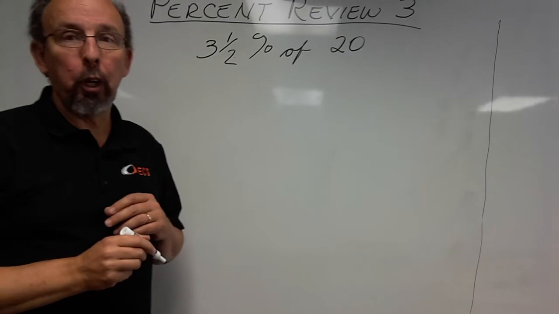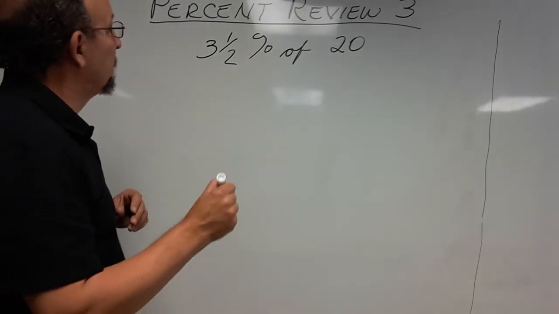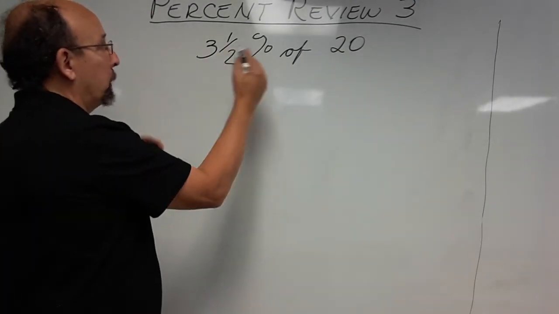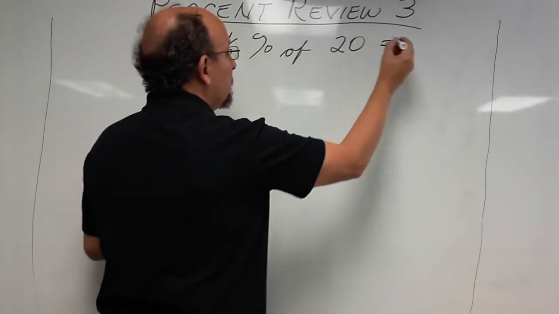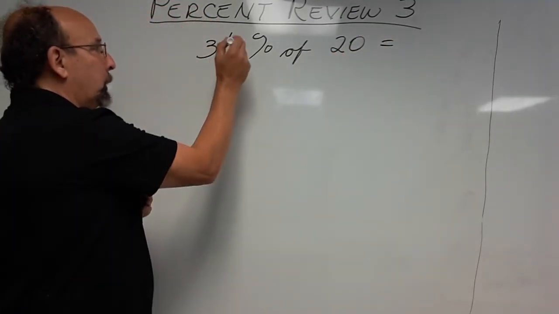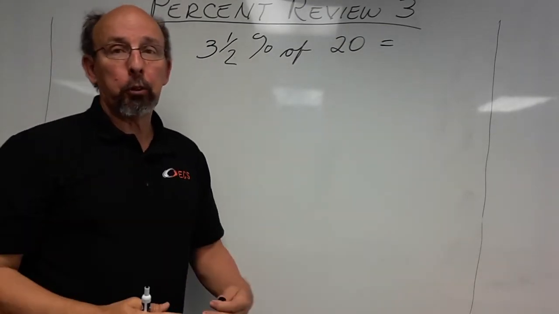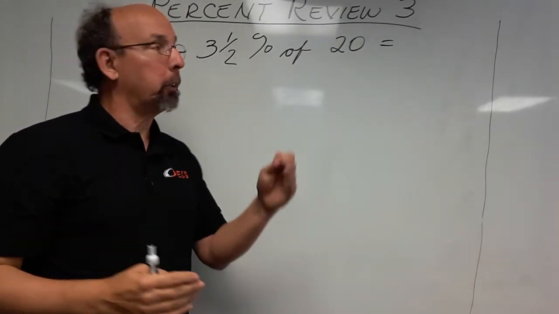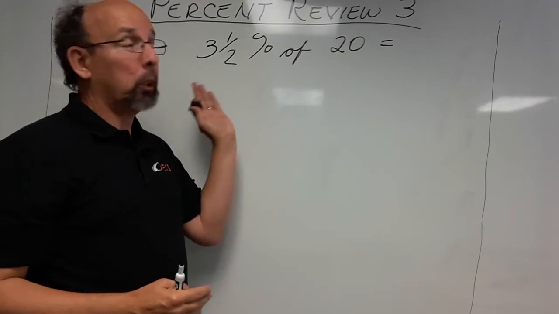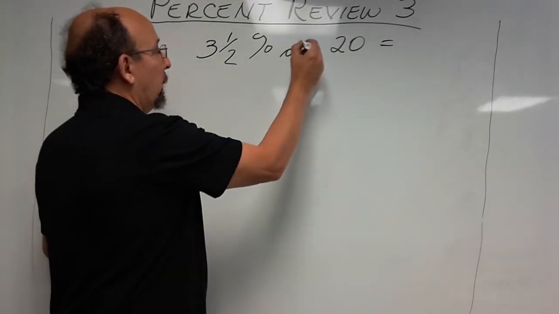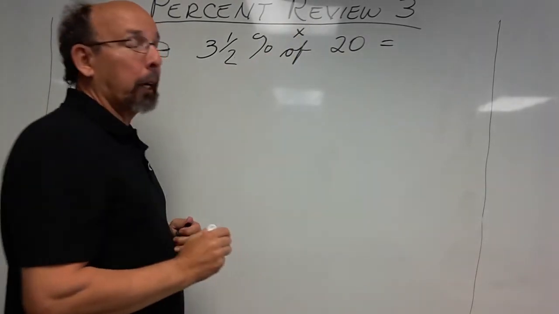It's going to be a small number, isn't it? So 3.5%. First, in order to do this problem, I have to change this number to a decimal. The rule is, to find the percent of a number, you change the percent to a decimal and multiply. This of here means multiply.